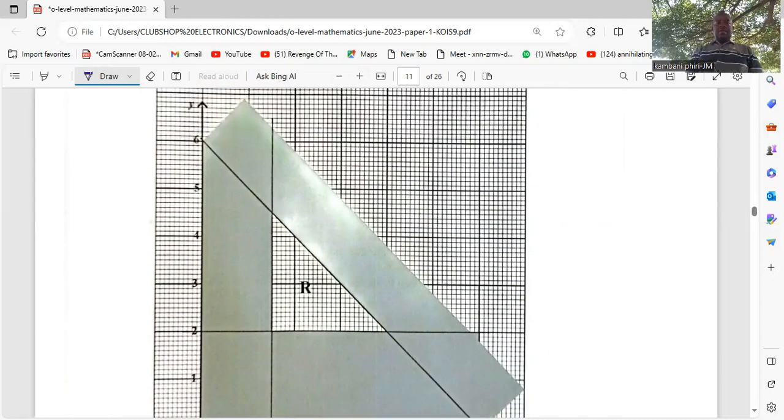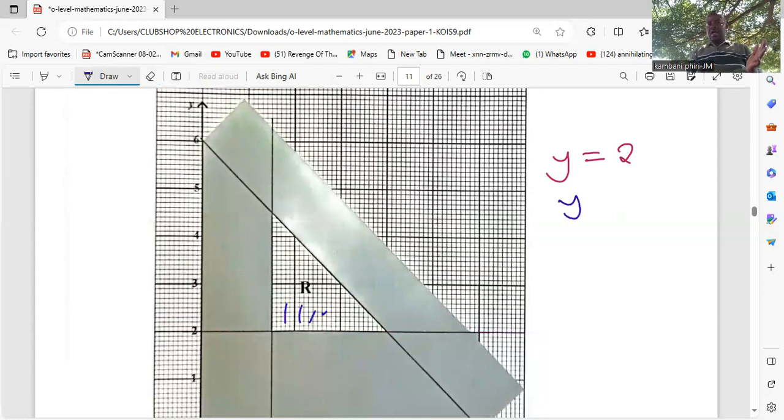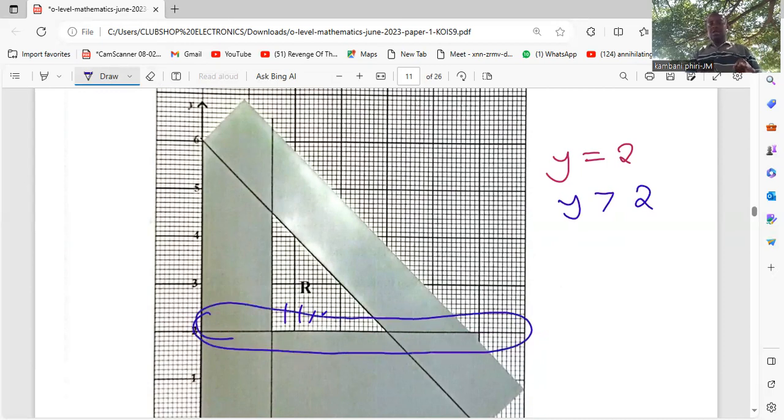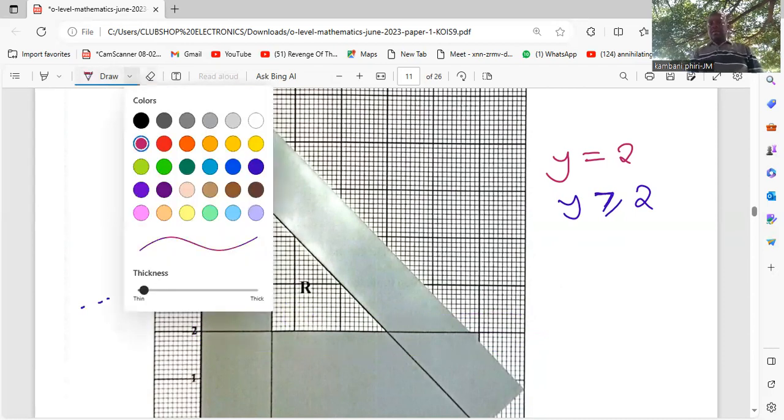Like the first one here, this line is passing through the y-axis at 2. So the equation is y equals 2. But now look at the area that we want to define, above. Because it is above, it means it is greater, so y is greater than 2. Now again we must look at the line. This is a complete line, a solid line, not a dotted line. Then we have y greater than or equal to 2. That is inequality number 1. This is the first inequality.